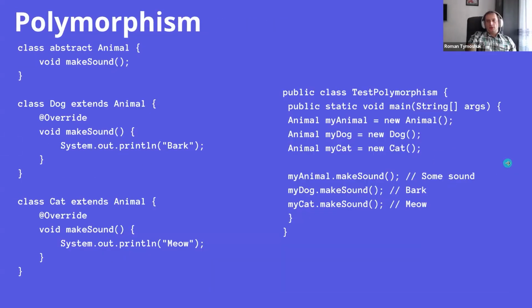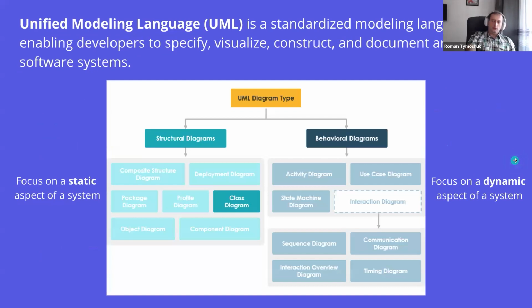If not, okay, let's go to the UML, which is tightly connected to the OOP principles. UML is actually Unified Modeling Language. To understand what we are going to implement, it's good to visualize. And UML provides the possibility to construct, visualize, and specify classes and even more complex structures for your understanding.